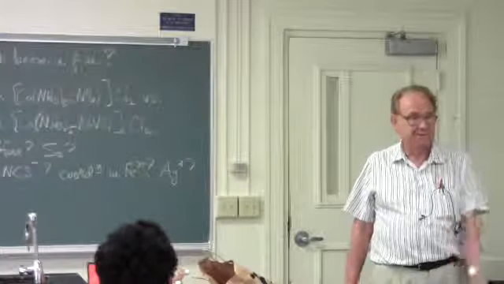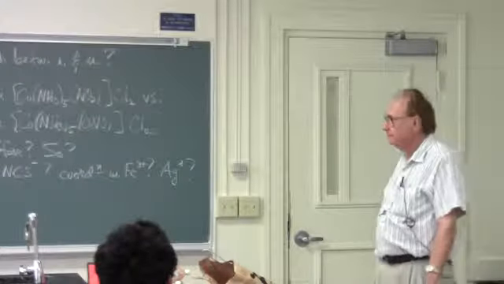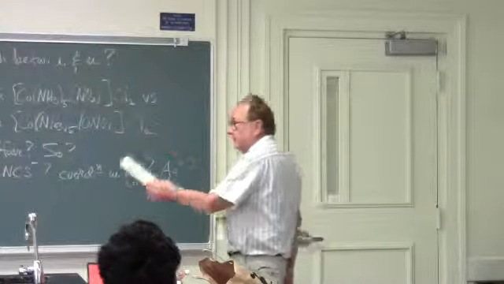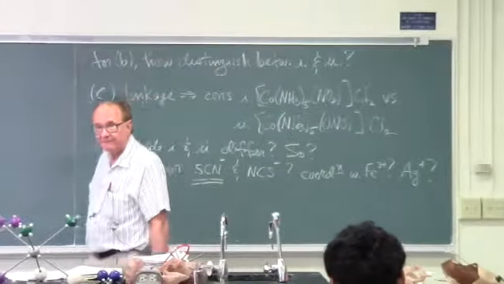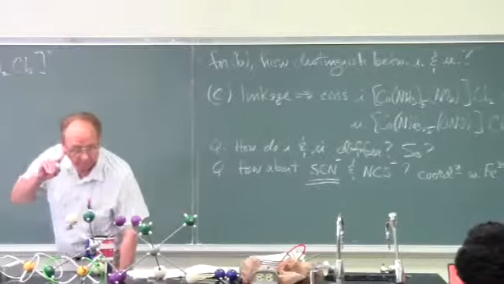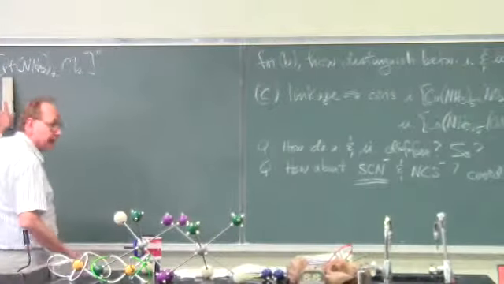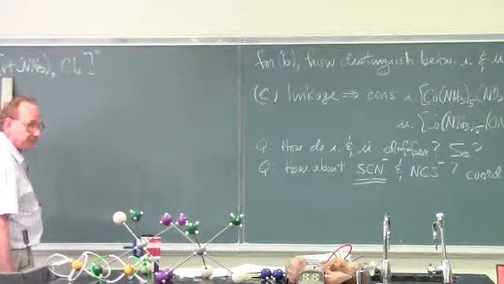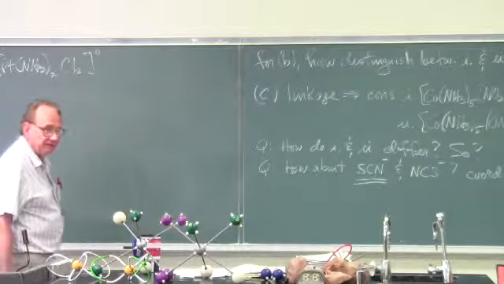But all 10 total valence electrons. So how many valence electrons for platinum in this stuff? 16. I'm not counting, I'm just talking about platinum 2 by itself. 8. What is the configuration for these 8 valence electrons?